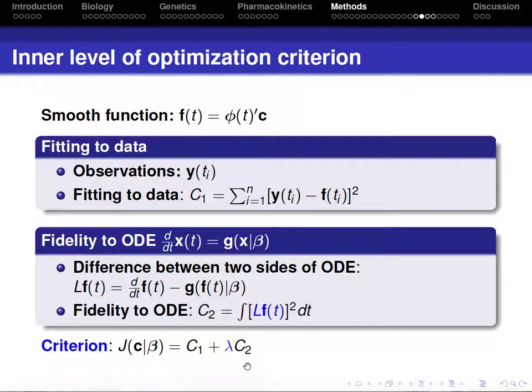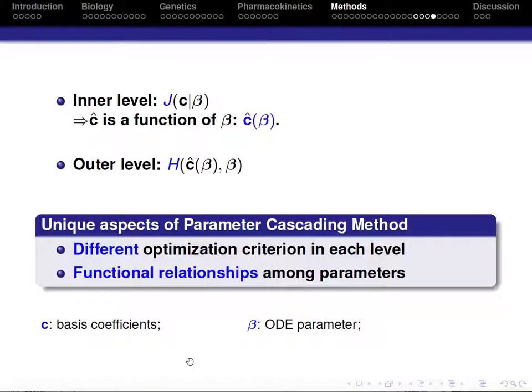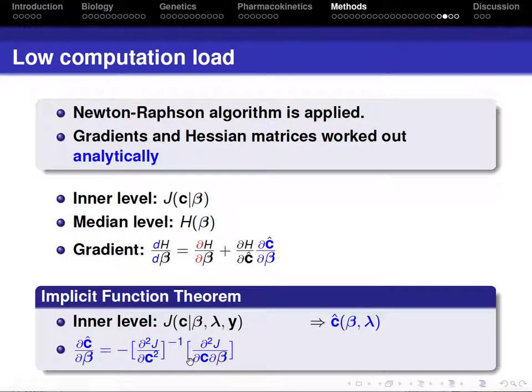We want C2 to be as small as possible. Actually, C1 serves as the regularization term. We want this f of t to be close to the ODE as much as possible. At the same time, we don't want the smooth function to be too liberal, that is, far away from the data. So this is the difference from the smoothing splines.